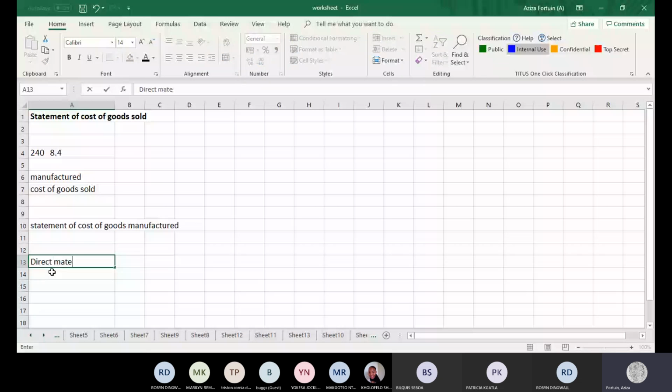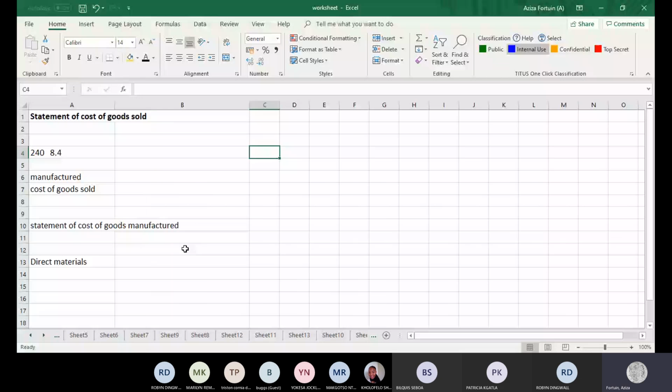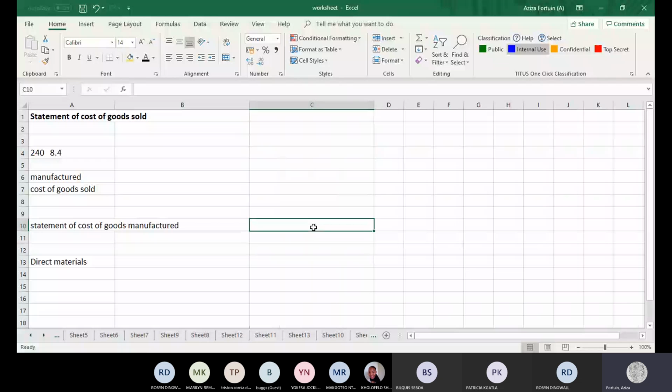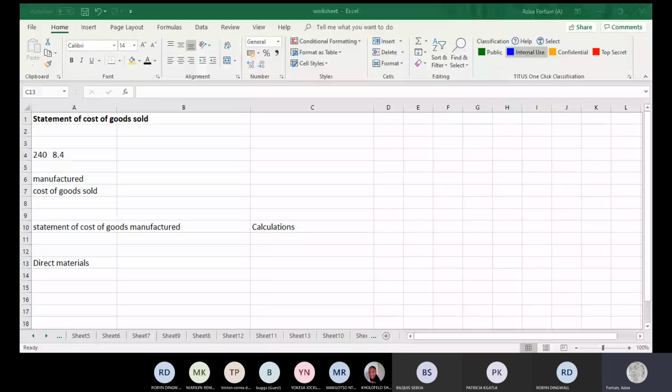You need to tell me what I'm going to put in there and why. Anybody want to go? Aziza, I'll try. Okay, you can go. Direct materials.